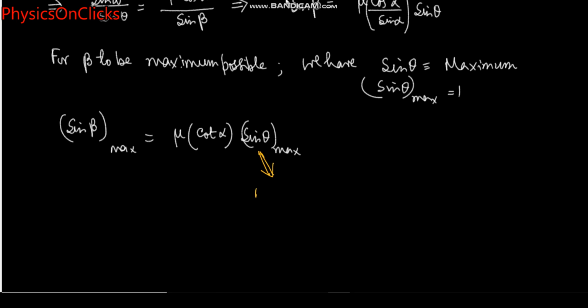As this maximum is equal to 1, beta maximum will be equal to sine inverse of mu cot alpha. Beta will be sine inverse mu cot alpha. This will be the maximum possible value of beta in this particular case.